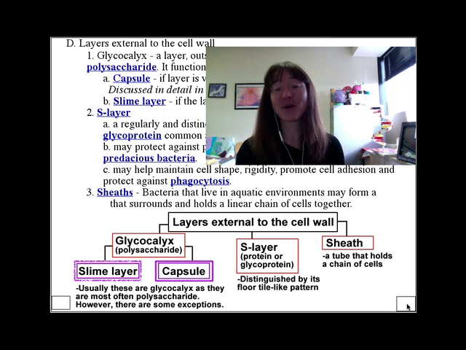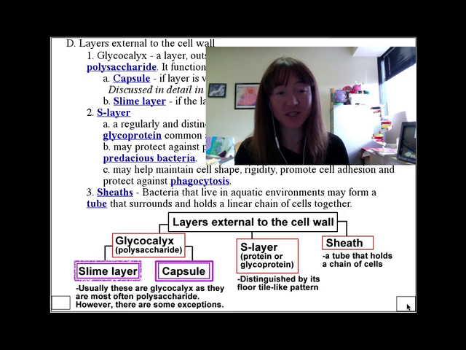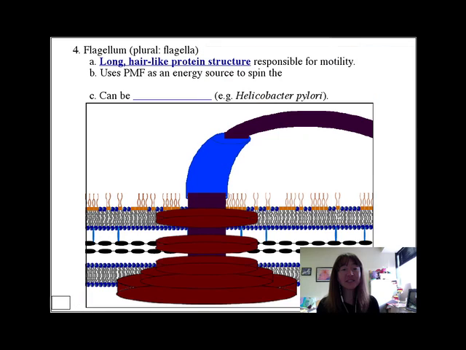All right, let's take a look at something else that's also external to the cell wall. These are the flagella, and we know that this is only found in bacteria that are motile. But flagella are long hair-like protein structures responsible for motility. And when we look at this cheesy drawing that I've done of a flagellum, you can see how the flagellum is actually anchored into the cell wall of this bacterium.